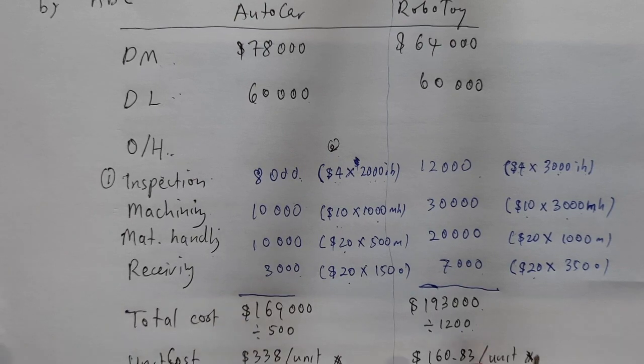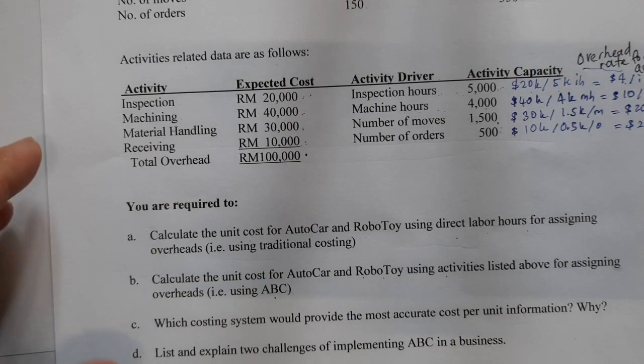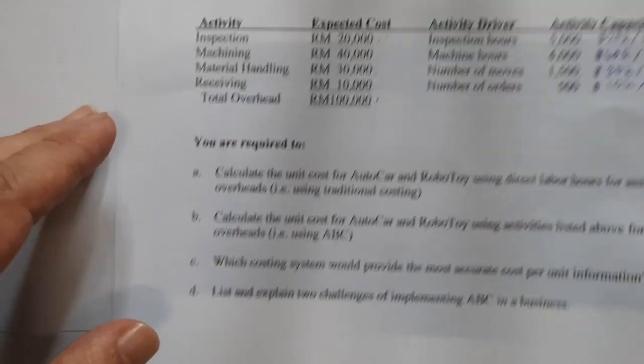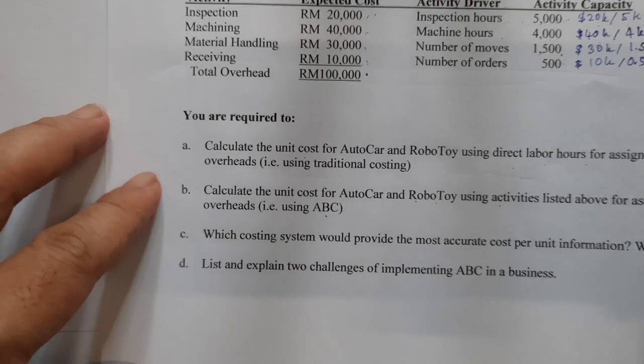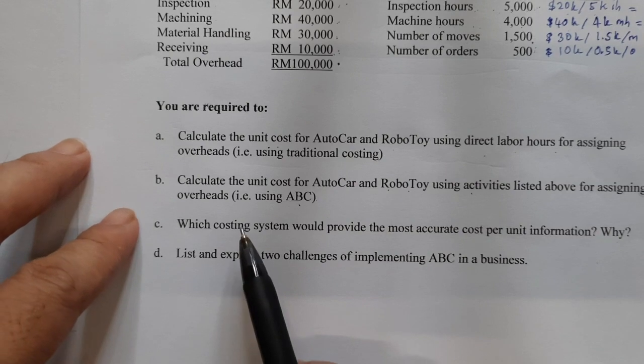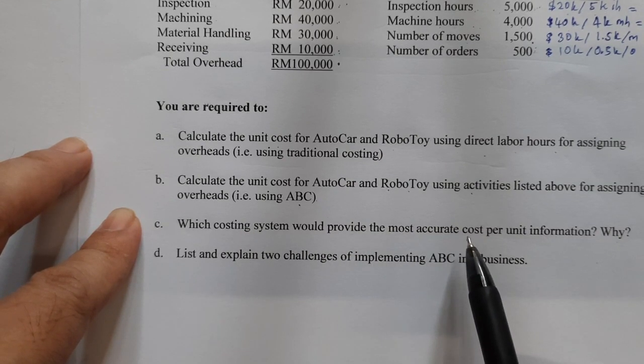Okay, so these are the things that you have to know. Okay, the next question. In this sample question, the question asks you, which costing system will provide the most accurate cost per unit information?